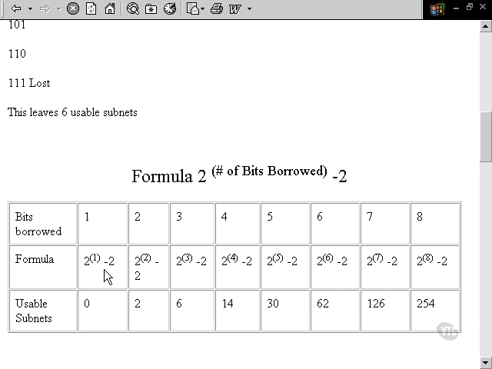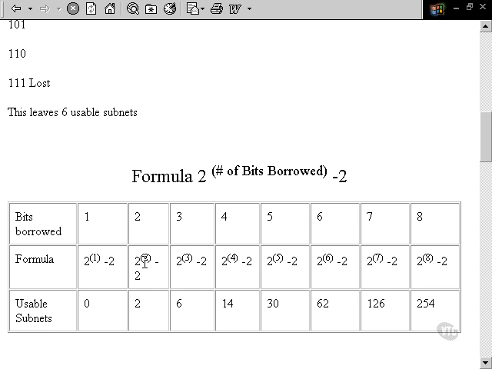Let's look at this. If we borrow 1 through 8 bits, we take the formula: 2 raised to the 1 minus 2 is going to be 0. If we move up here, 2 raised to the 2 minus 2 is 2.